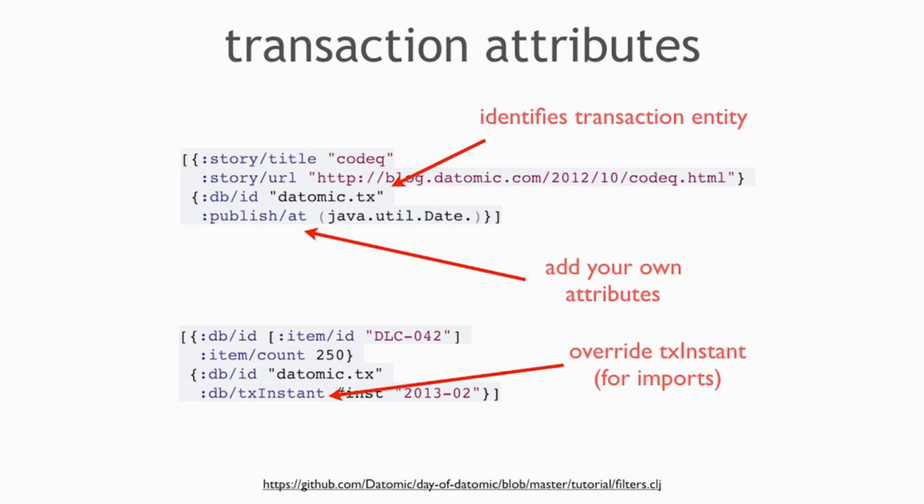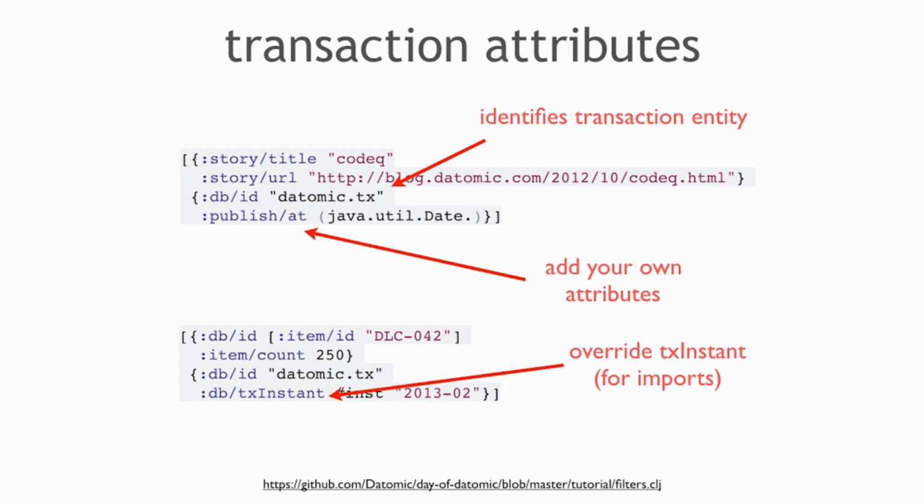And here, I'm going to say publish at, for some other user of the system: I want this data to be visible only as of some date, which is publish at. Now, they're going to have to enforce that. They're going to have a query that says, find me transactions and then filter out the ones that aren't published yet, or something like that.